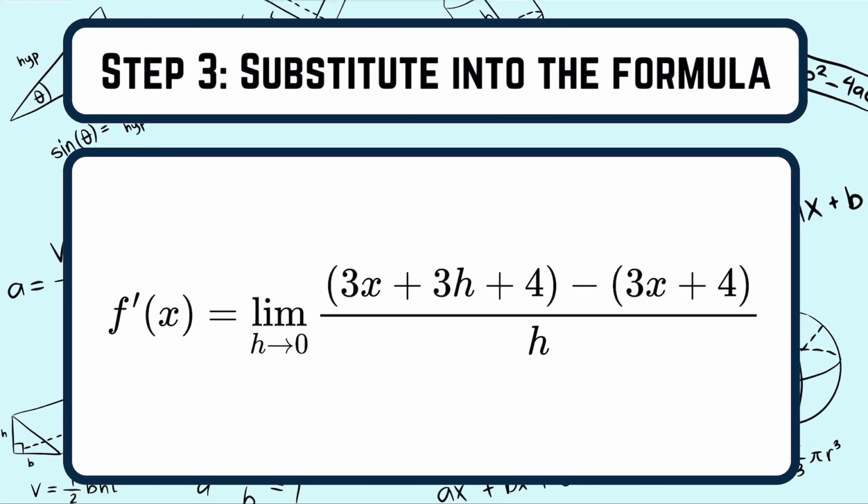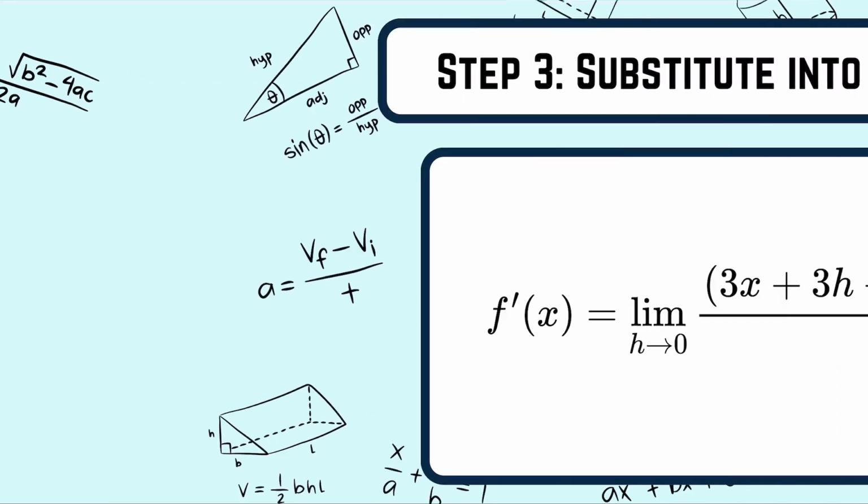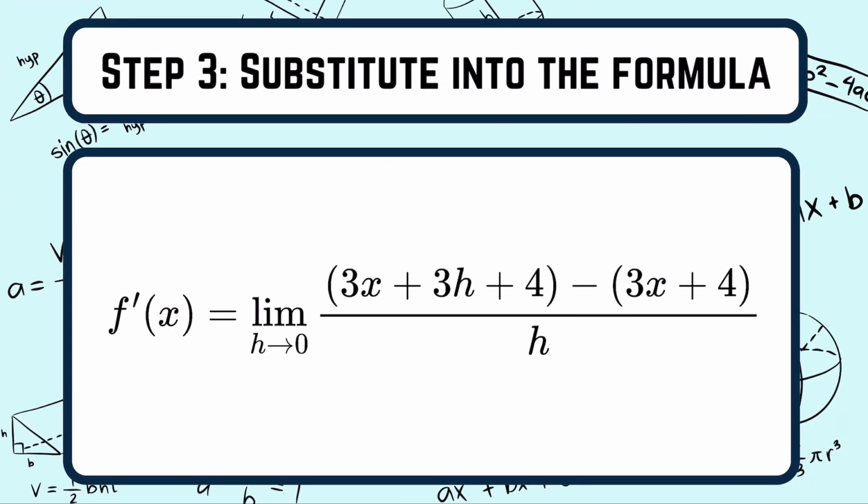Step 3 is substitute into the formula. So if you remember the formula from last time, you will get 3x plus 3h plus 4 minus 3x plus 4, over h.